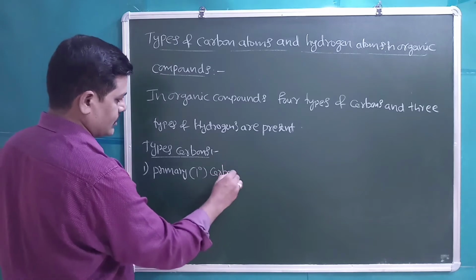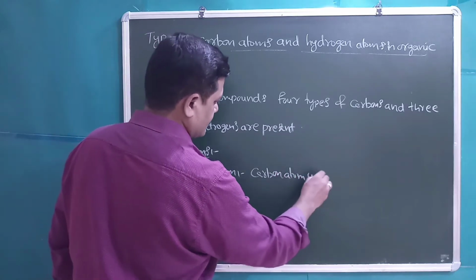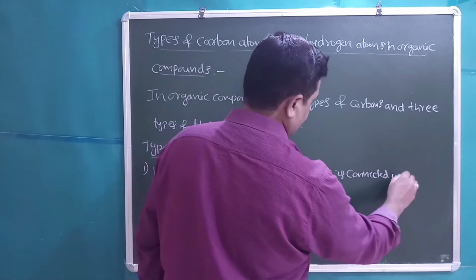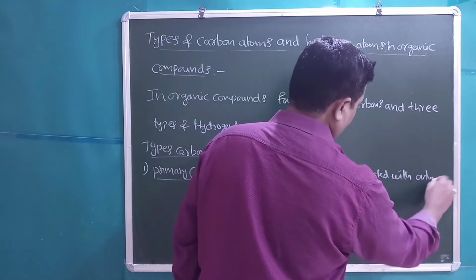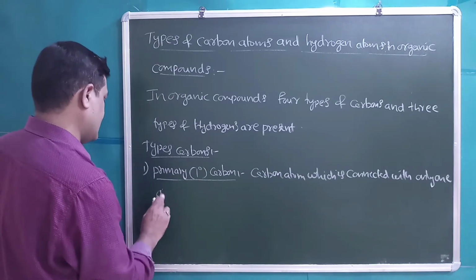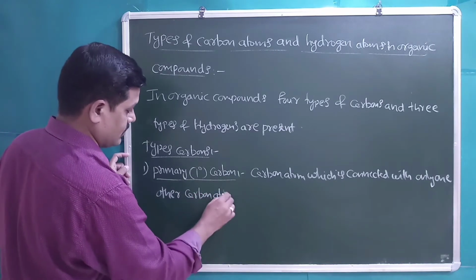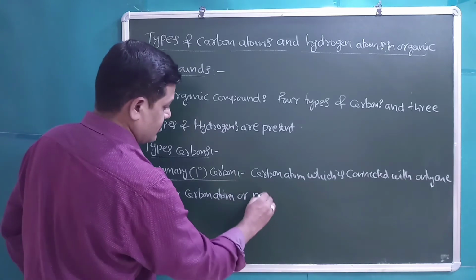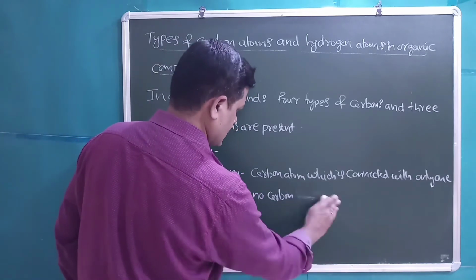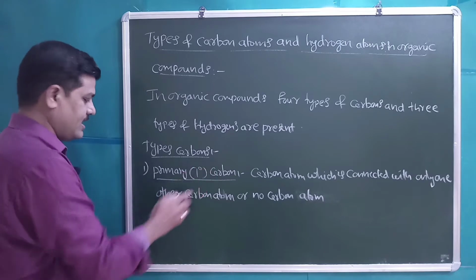Primary carbon: a carbon atom which is connected with only one other carbon atom, or no carbon atom, is called a primary carbon, indicated with 1 degree carbon.